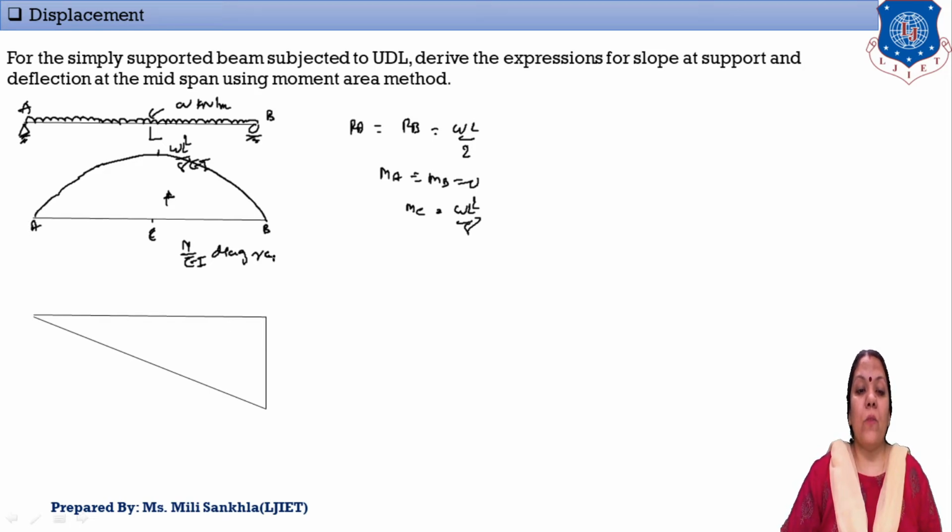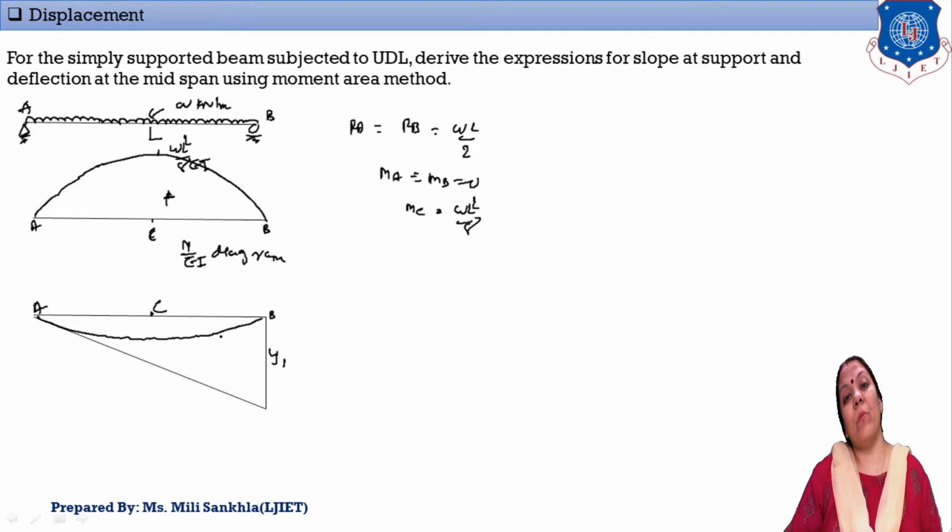And this is our deflected shape. This is point A, this is point B, and this intermediate point is C. Now at B point our deflection is Y1. The beam deflects this way. Here we apply moment area theorem number 2. Displacement of point B from tangent A is BB dash.